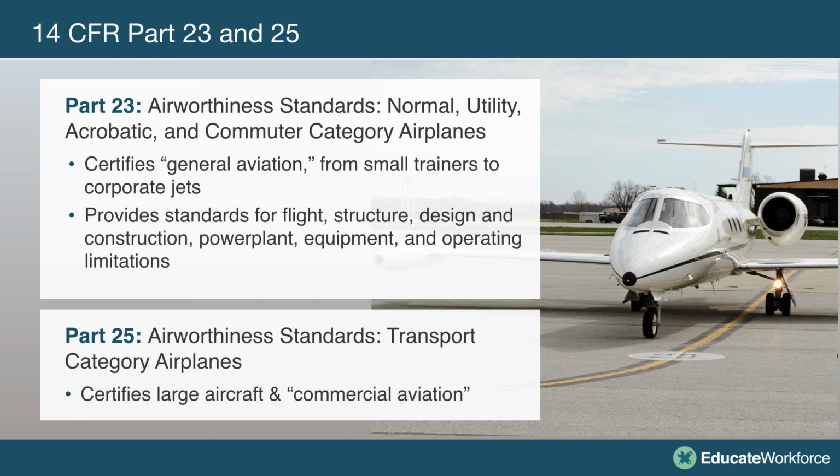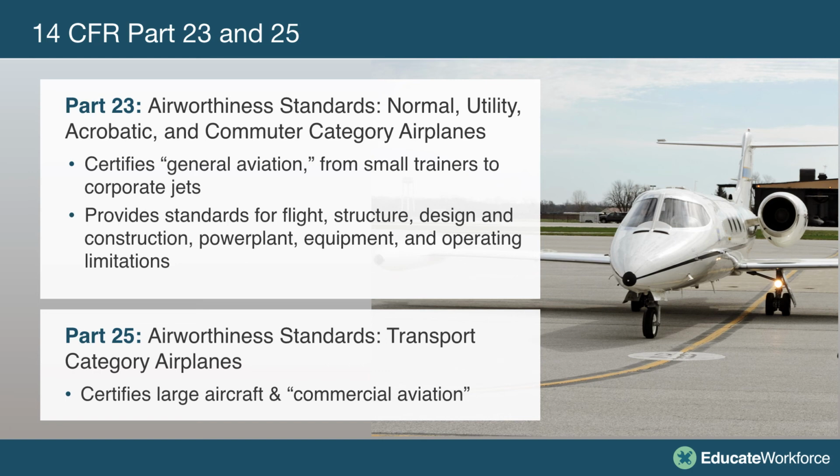Part 23 represents the greatest portion of what we in the industry refer to as general aviation. These are propeller-driven, piston-driven, turbine aircraft, corporate aircraft, transport business executive aircraft, seating limited to 9 or less on aircraft except for the commuter aircraft where maximum capacity is going to be 19 people.